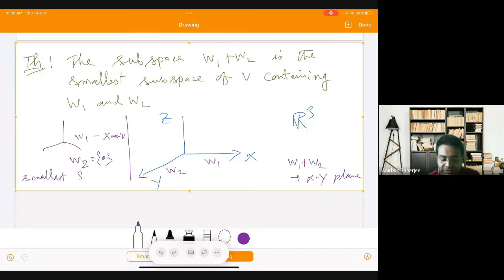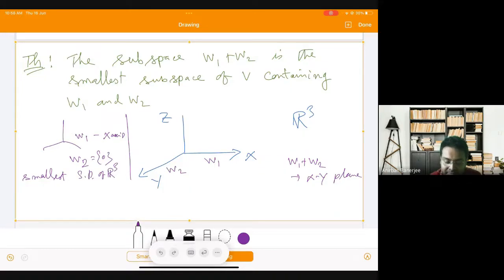So the smallest subspace of R3 in this case containing W1 and W2 is the x-axis.